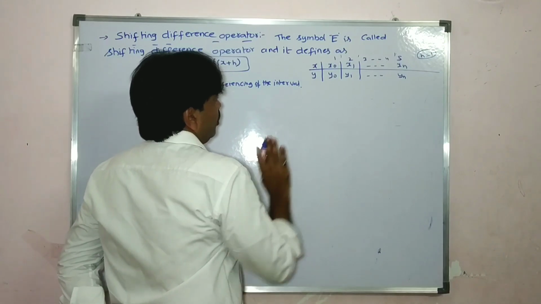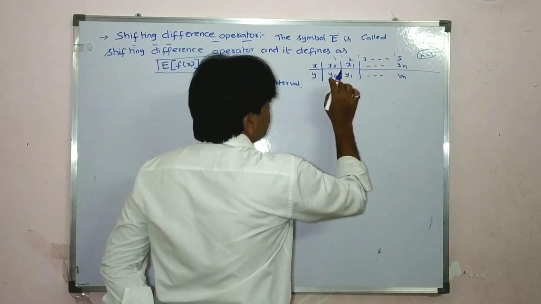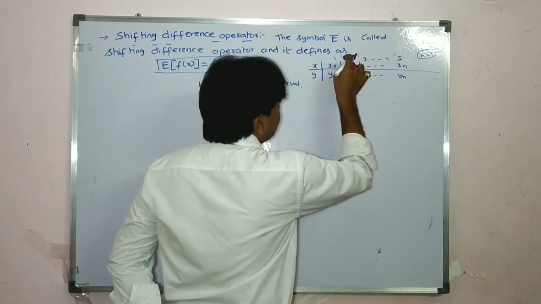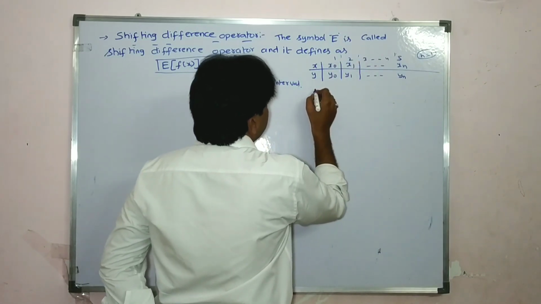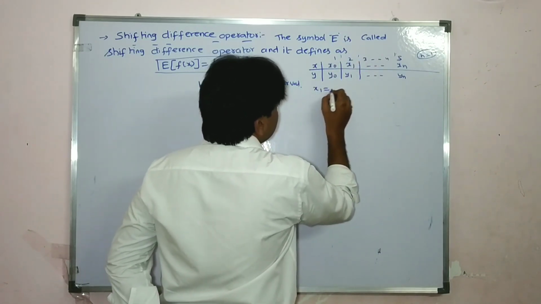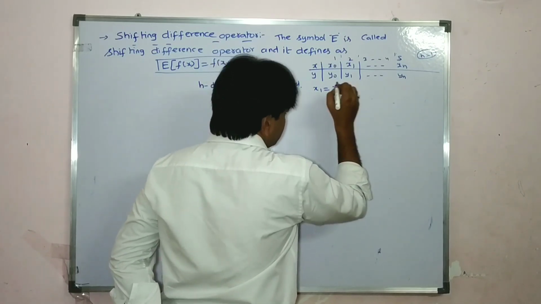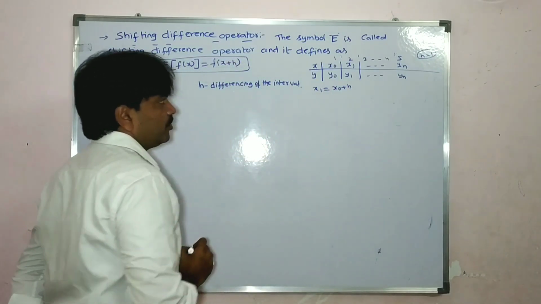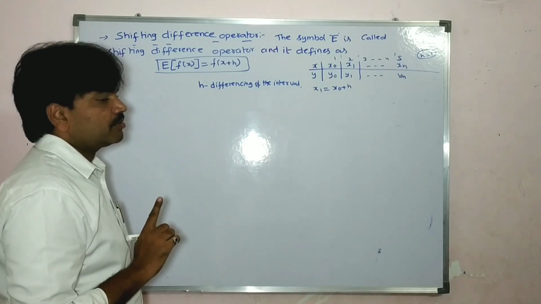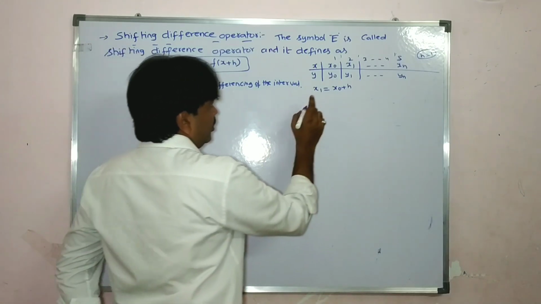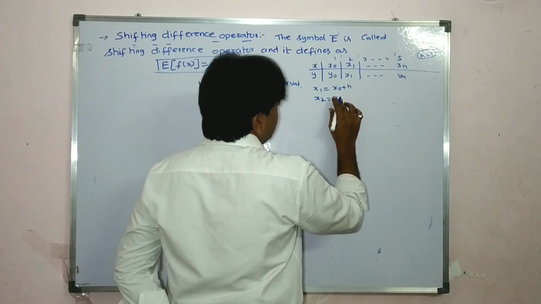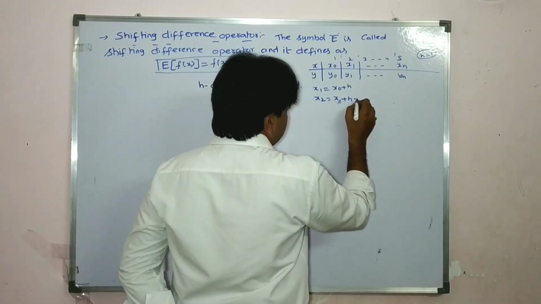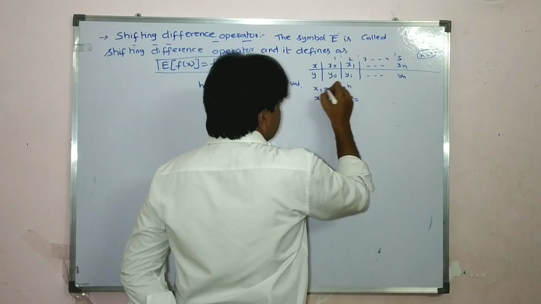Now, how can you get this x1, students? 1 plus 1, we get 2. That means how can you get x1 here? x0 plus h. Now x2, students: x1 plus h, or x1 is x0 plus h.